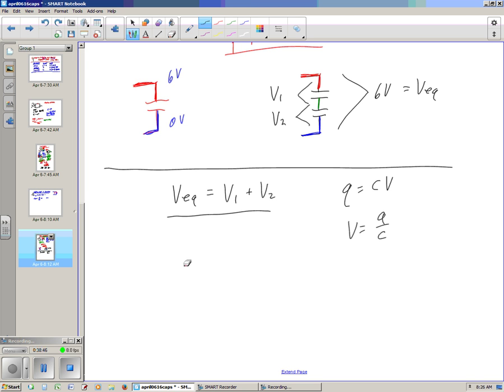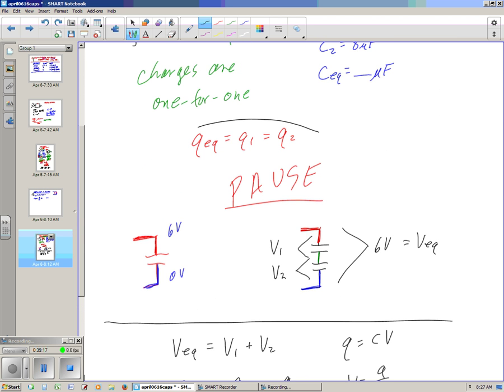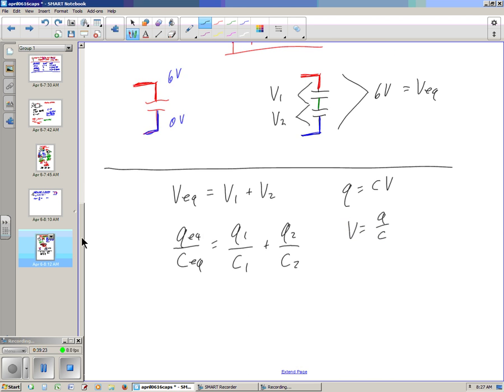So on the left side here, what we're going to have is V equivalent is going to be Q equivalent over C equivalent, and that's going to be Q1 over C1 plus Q2 over C2. But what we said earlier, way back up here, was that all of those charges are the same. So we should give them a single name rather than have 3 different names.